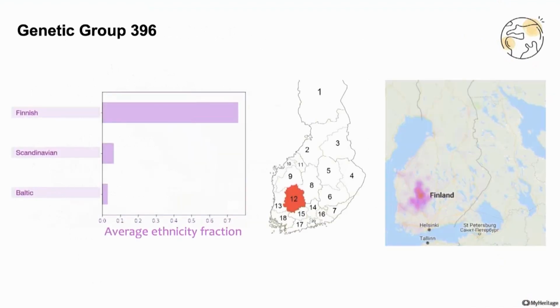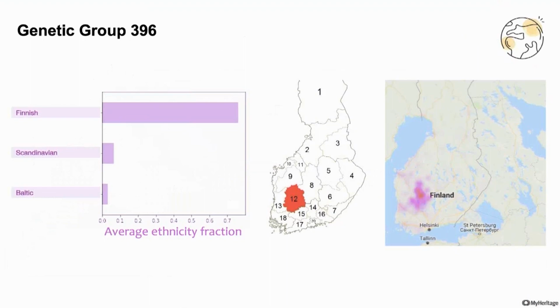Here are some examples of what the algorithm output. So I spoke about the differences between the ethnicities and the genetic groups. Today, out of our 42 ethnicities, we have one ethnic group that's called Finnish. We looked at one of the groups that came out, ID 396, irrelevant at this point.